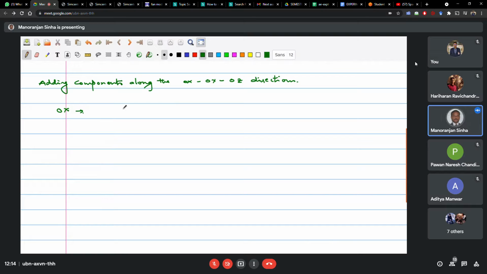Along the OS direction, the coordinates of the point R will be given as, from the previous page I am writing it, R cos(theta plus omega), and then minus R sin(theta plus omega) and cos I times sin capital omega.